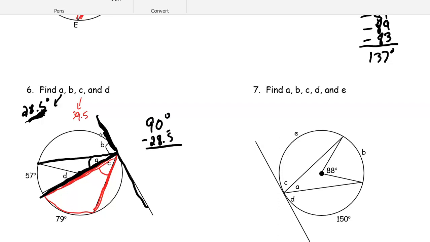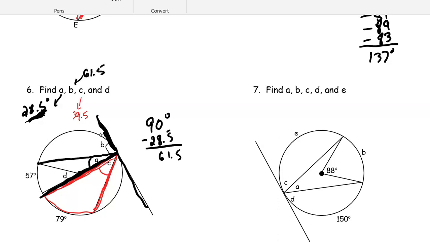That would have to be what angle B would have to be. Just want to make sure. Yeah, 61.5. So angle B, 61.5.